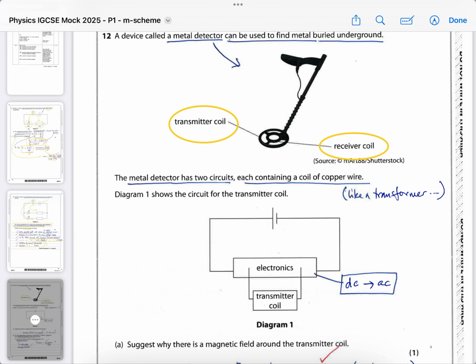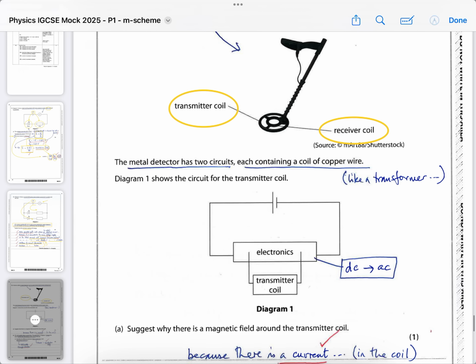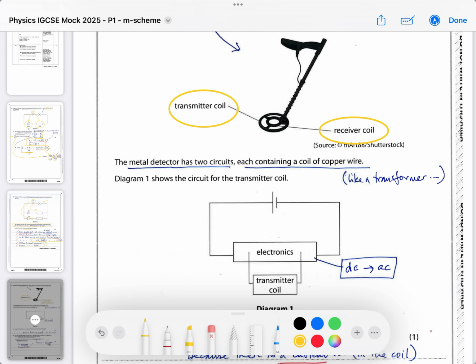Okay, so what you have studied is what is called electromagnetic induction, that a changing magnetic field will induce a voltage in a conductor. Okay, that's the underlying principle. The metal detector has 2 circuits, as I've shown you, each containing a coil of copper wire.